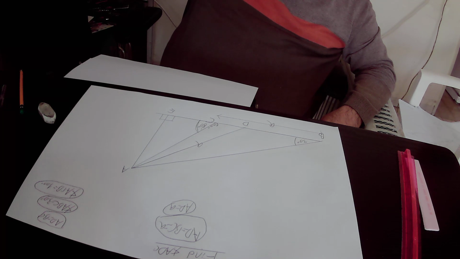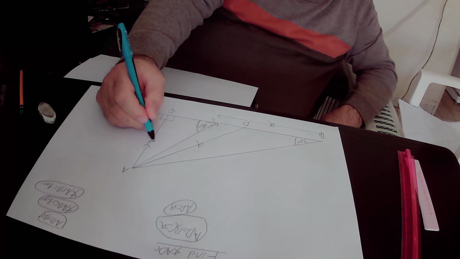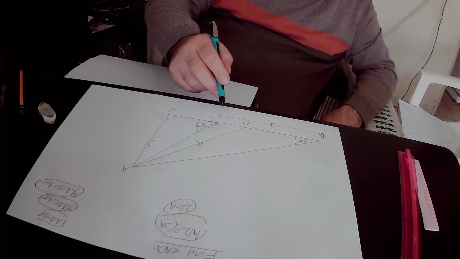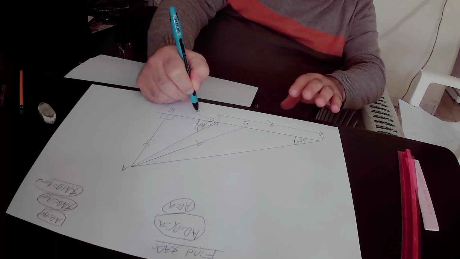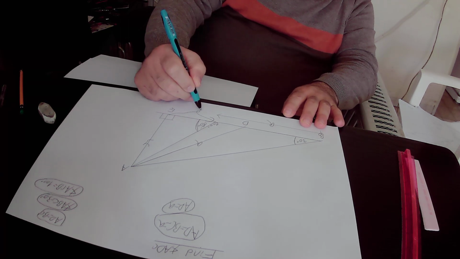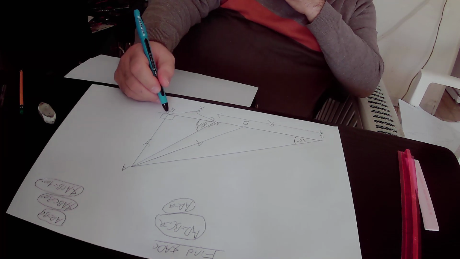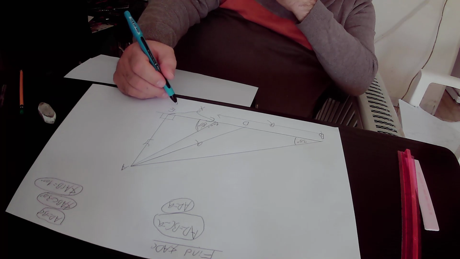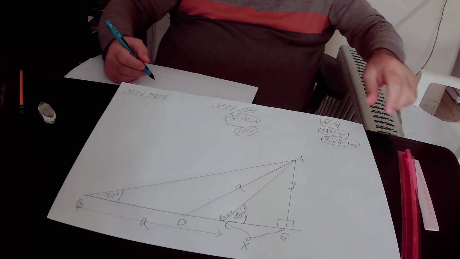In the next step, we will define side AE as Y, that is to say the length of AE is equal to Y units, and we will define side CE as X, that is to say the length of side CE is equal to X units. And we will focus on the right triangle, triangle ACE.